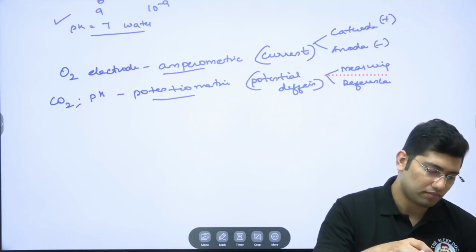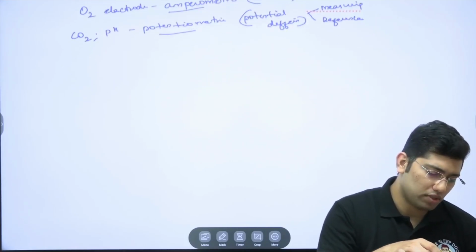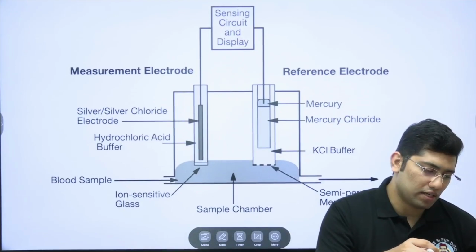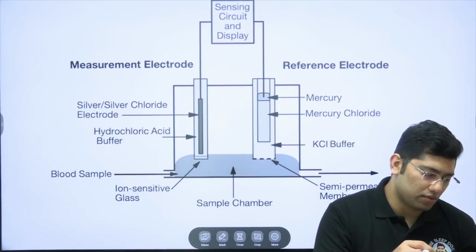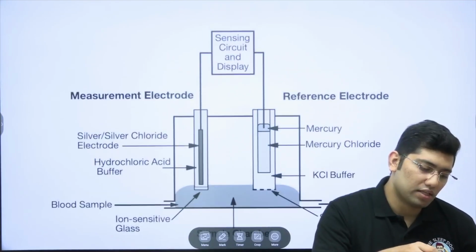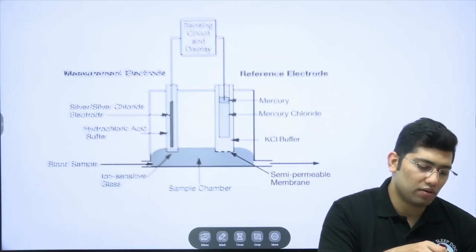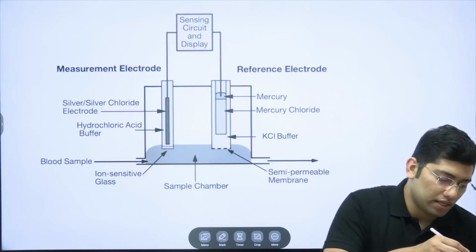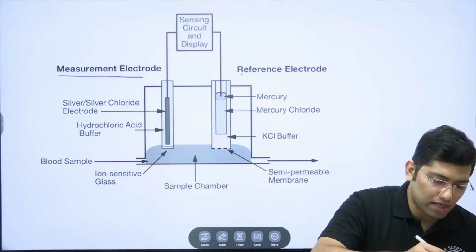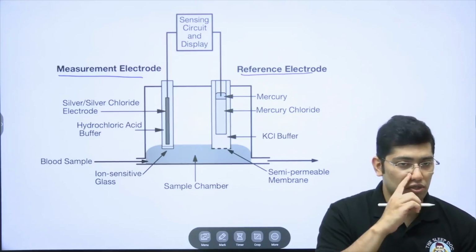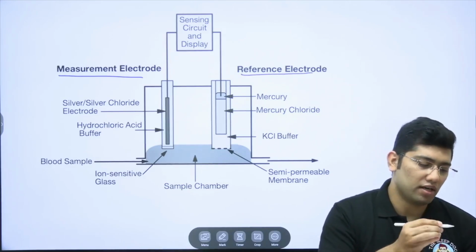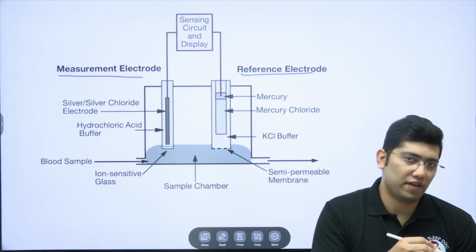Now let's move on to the first electrode, that is the pH electrode. As we said, it is a potentiometric electrode. So here we have a measurement electrode and a reference electrode. In the oxygen electrode, we saw a cathode and anode. Here it's a measurement electrode and a reference electrode.